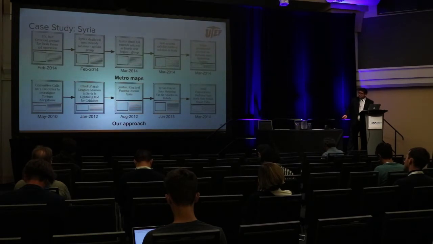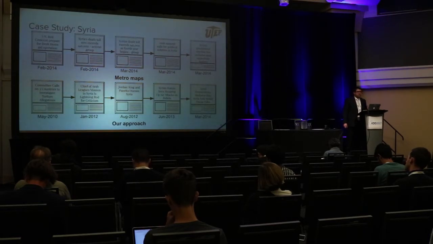And so what the intelligence analyst that was working with us was interested in was going further back in time. For example, in this case, our first document is about torture allegations against the Syrian government.